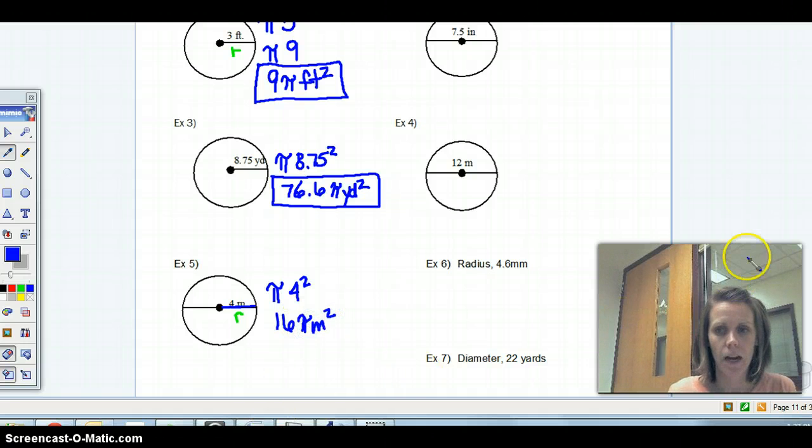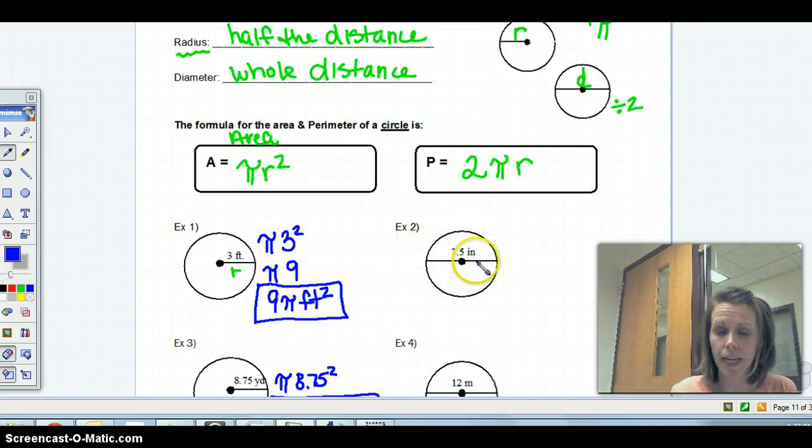Okay? All right, we're going to do example number 2 together. Skipped around a little bit. This is what I'm talking about. This is going to be your diameter, if it's written in the middle like that. So your job is going to be to find the radius, because that's what you need for your formula. So you're going to divide this number by 2, and the radius is going to be 3.75.